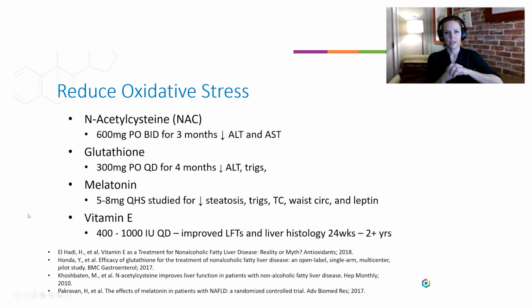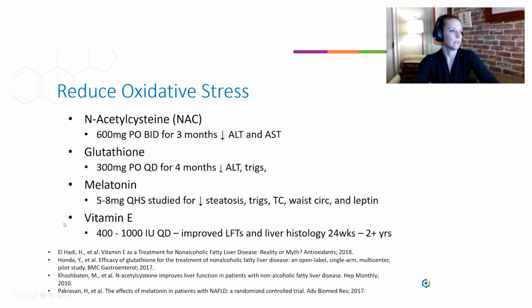And then stress, getting on top of oxidative stress, all of those liver-specific glutathione helpers, NAC, glutathione, selenium should probably be on this list. I included the melatonin here because the mid-level dosing, 5 to 10 milligrams or so of melatonin used nightly, studies really well for lowering triglycerides and cholesterol and decreasing waist circumference and leptin levels, but also liver fat, steatosis.